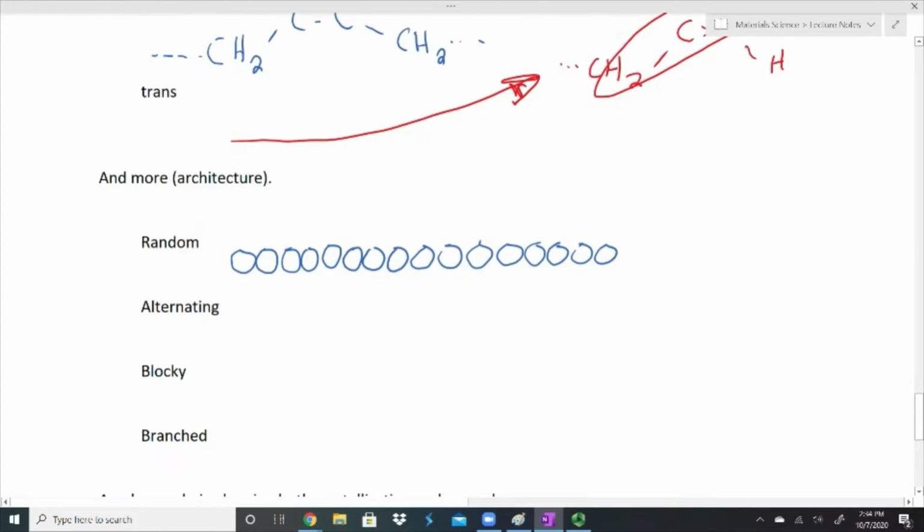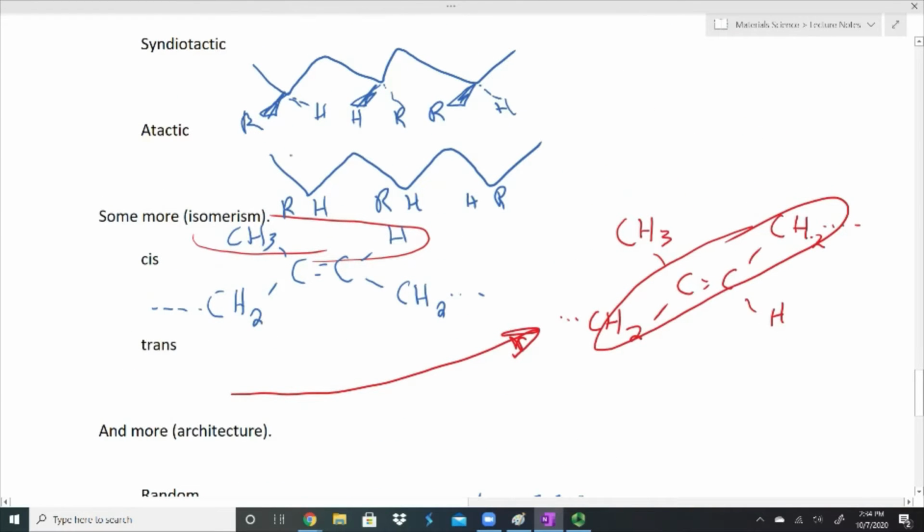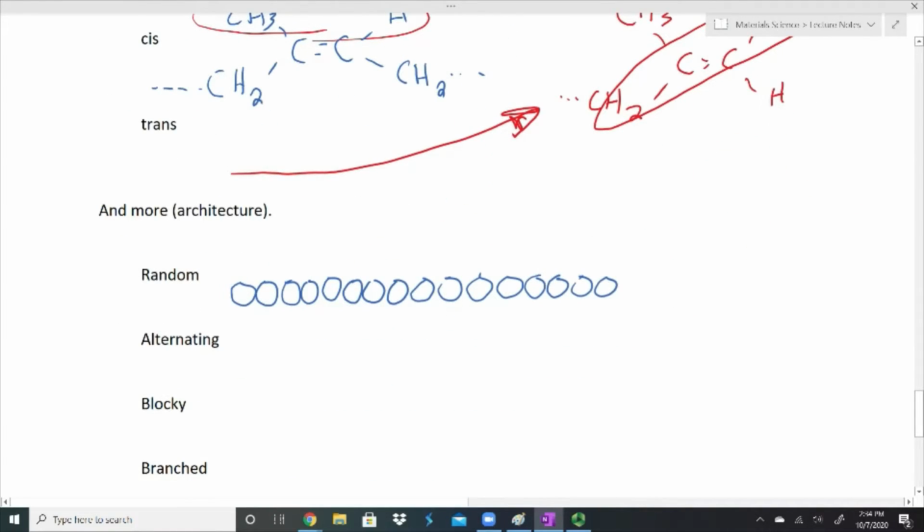One of these triangle type shapes up here. So that is the circles. And what I could do is I could have something random where it changes for a while, maybe into a slightly different chemical that's being attached, and then it goes back, and then maybe a little bit more of something else, and it just kind of jumps back and forth. It has this random structure.